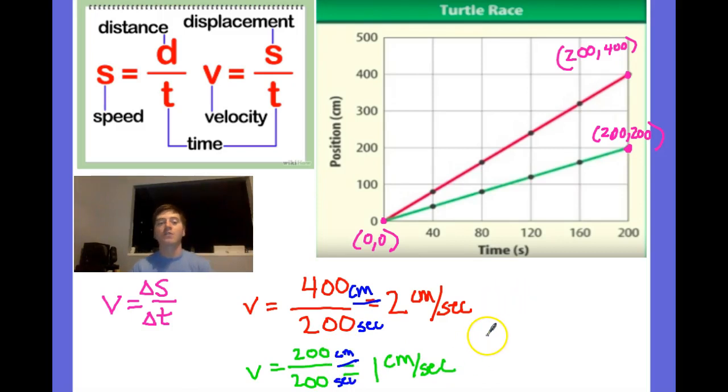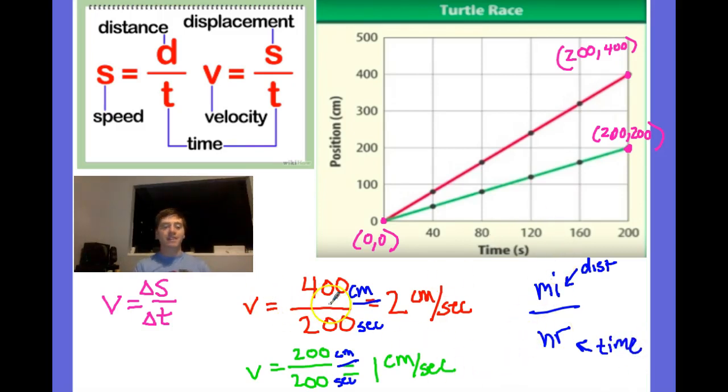If you were to say, I can't remember if speed is time over distance or distance over time, just think of a speed. What's a speed? Miles per hour. Okay, that is distance, and this is time. The units will always tell you the answer.